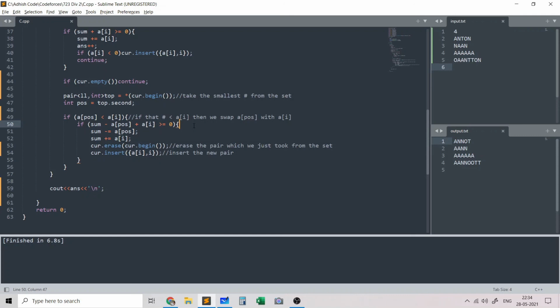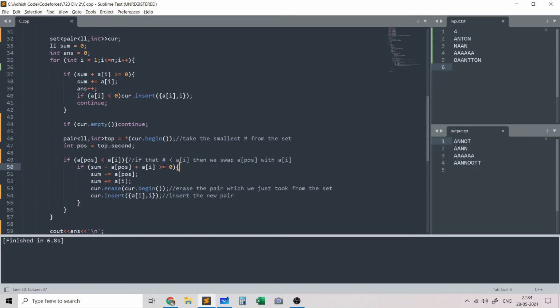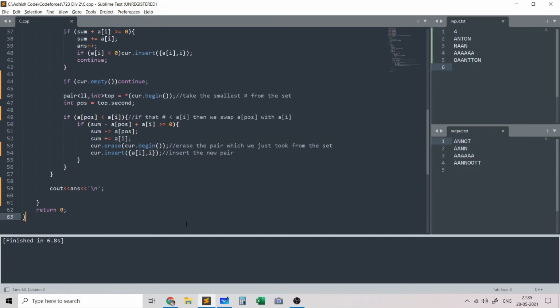And how would we efficiently find the smallest number so far? For answering that question, we used a set, and the additional thing to note is that we used a set of pairs of long and the position. That's the whole idea behind the solution and the code.